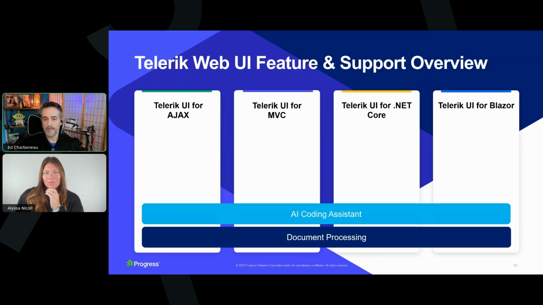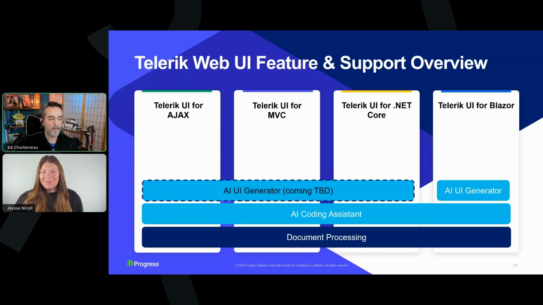Our AI coding assistants, we have specific assistants that go for each tool that they are assigned with. So we have an AI assistant for AJAX, and another one for MVC, and another one for Core, and another one for Blazor, but all of our products now have AI coding assistants. We have AI UI generators as well, and these are an AI assistant that does just a little bit more than the basic assistant.